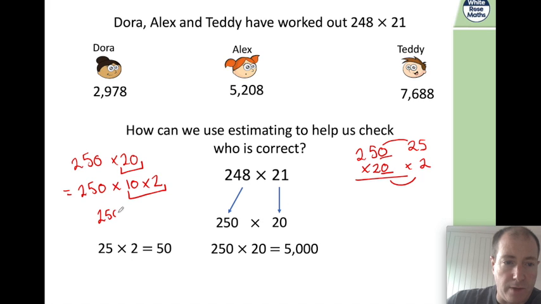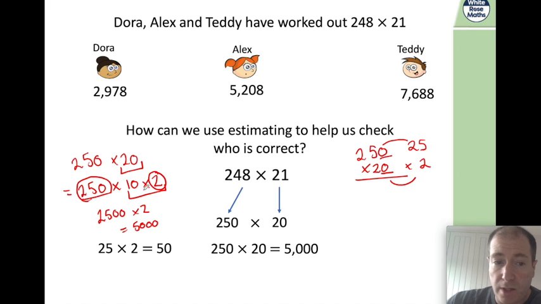It's 2,500. What is 2,500 times 2? It's 5,000. We get the same answer. Or another way we could have done this, we could have said 250 times by 2 would give us 500, and 500 times 10 is 5,000. So there's actually quite a few different ways to solve it.